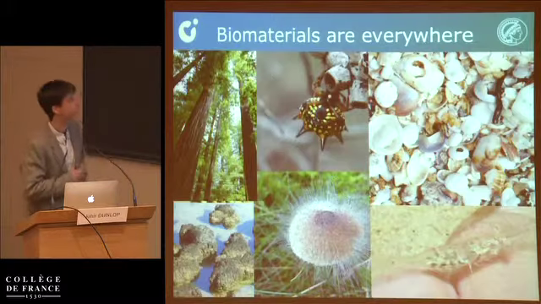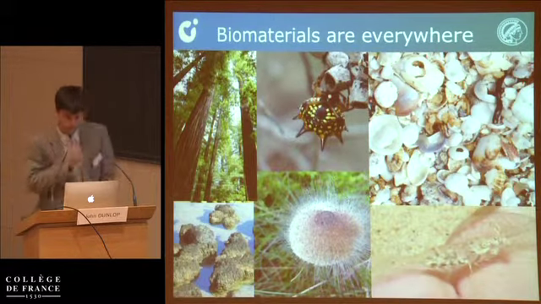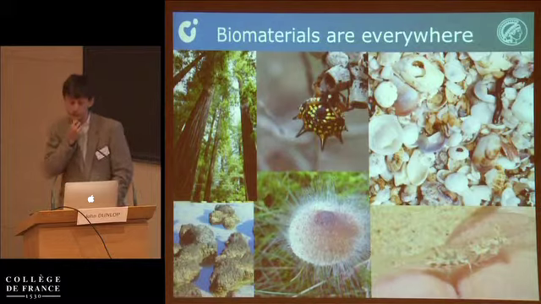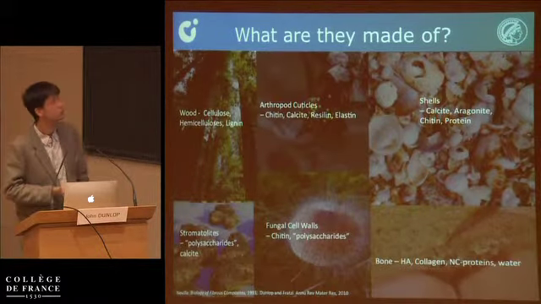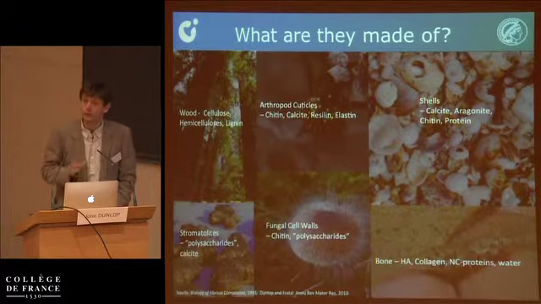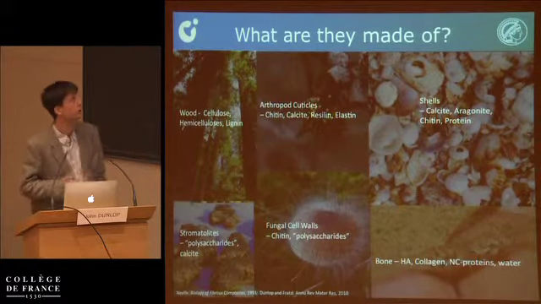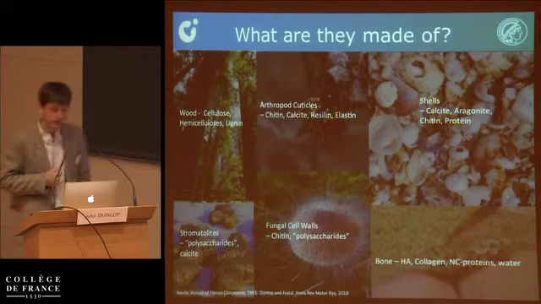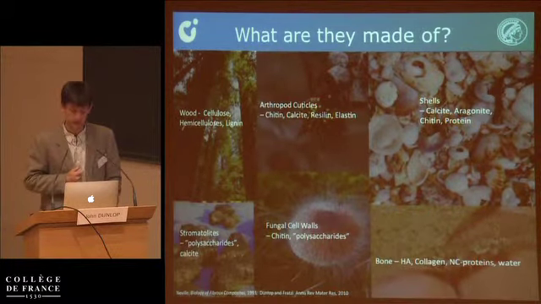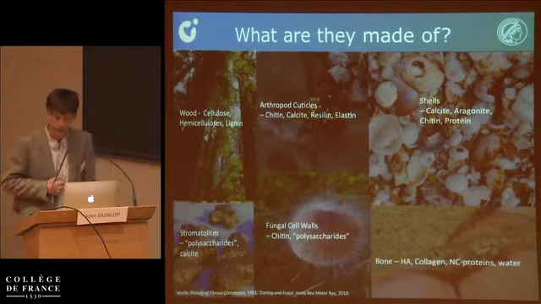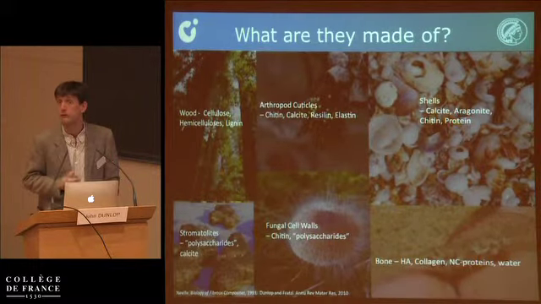Okay, so, well, some pretty pictures, but biomaterials are of course everywhere. And if we look around, wood, if you think of it as a structural material, contains cellulose, hemicelluloses, and lignin. Cuticles from arthropods contain chitin. Sometimes they contain mineral, and a variety of other proteins.